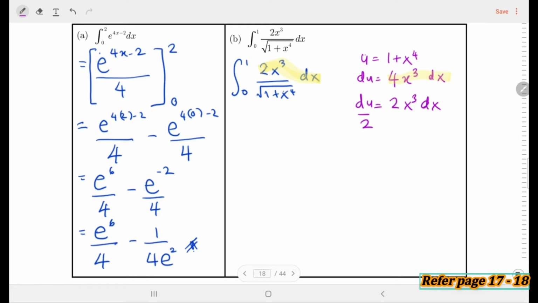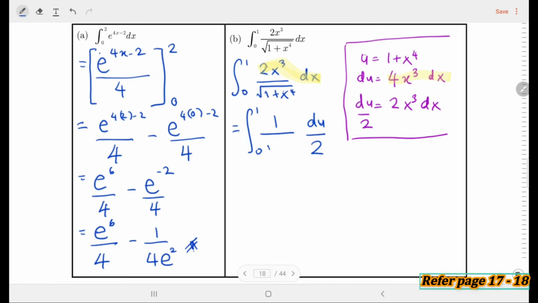Now we are going to substitute all of this into the question. So you would have the integral from 0 to 1, where 2x^3 dx is du over 2, and here is 1 over the square root of 1 plus x to the power of 4, which is u.